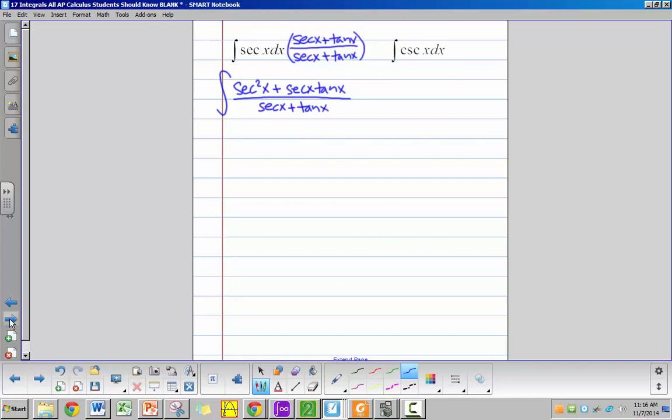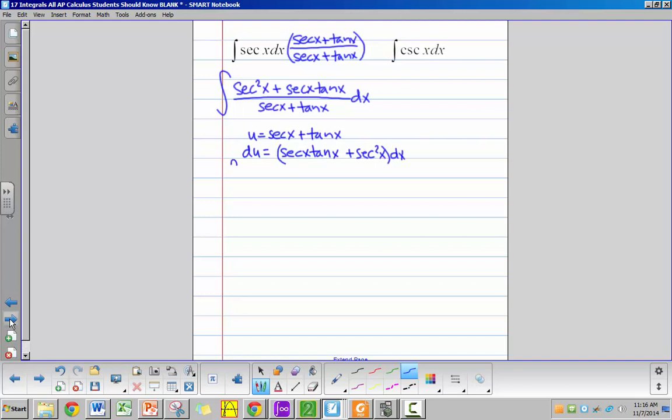Now that creates a situation where you can let u equal the denominator, which is secant x plus tan x, and take the derivative of that, and you get secant x tan x plus secant squared x, which lo and behold is the numerator.